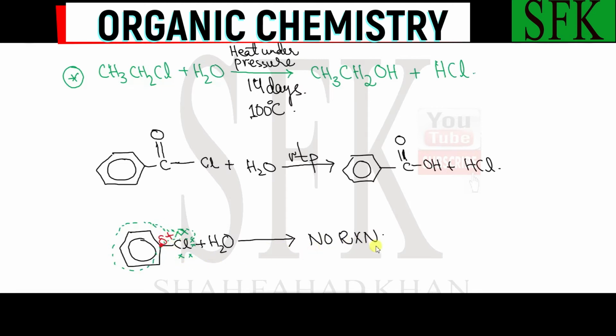We've discussed the reason in quite detail in that video, so I'm not going into detail on this reaction. But as a comparison, if we look at the two reactions, again chlorobenzene is less reactive compared to the corresponding acyl chloride with a benzene ring.